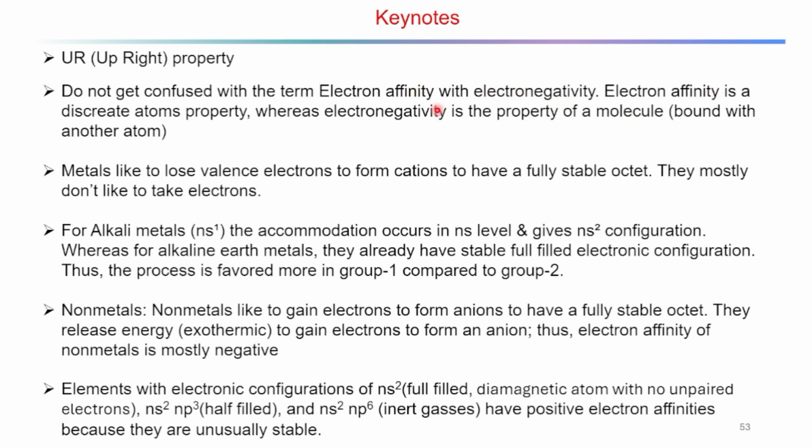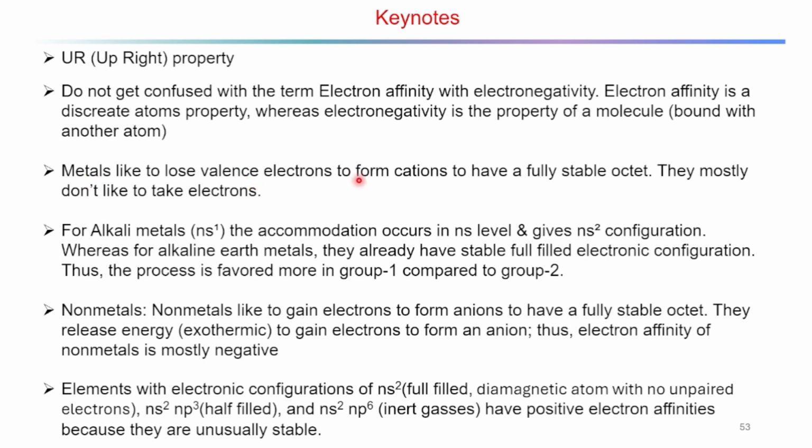Electron affinity is a discrete atom's property, an inherent property of the element or the atom, whereas electronegativity is the property of a molecule, so bound with another atom. One atom will have a single electron affinity value, but it can have multiple electronegativity values depending on its environment, depending on which atom it is bound to.